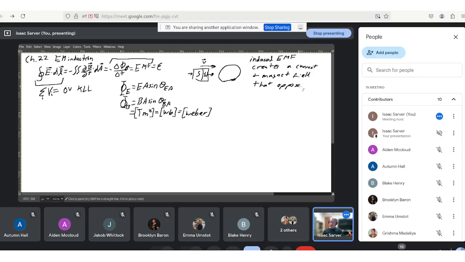This is the big idea here with electromagnetic induction. That induced EMF creates a current, and the current produces a magnetic field that opposes the change in magnetic field.